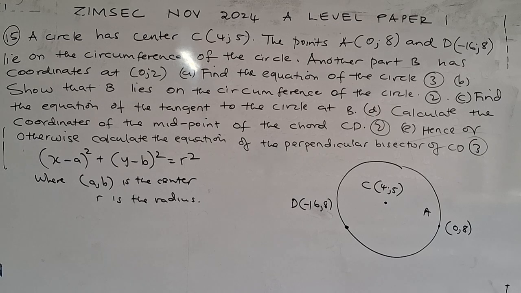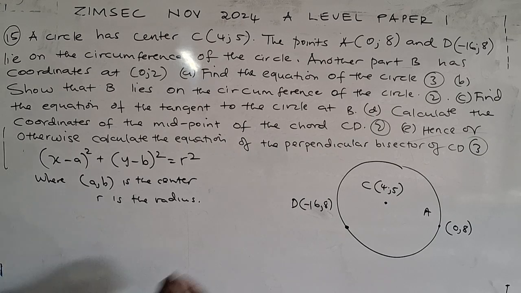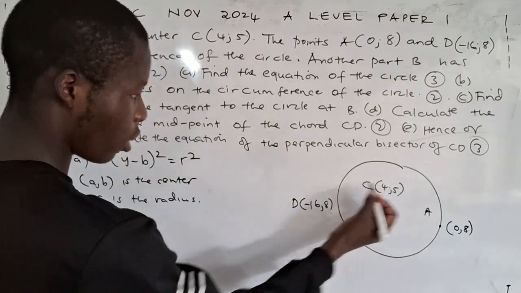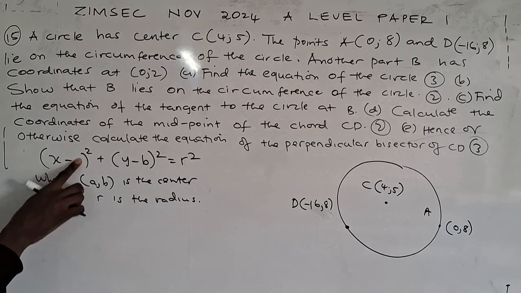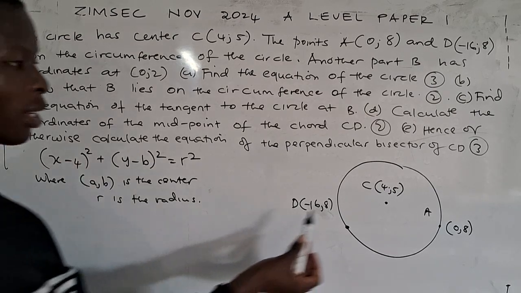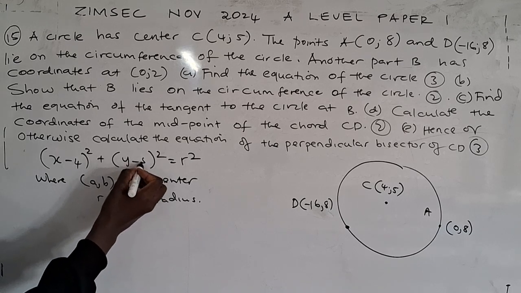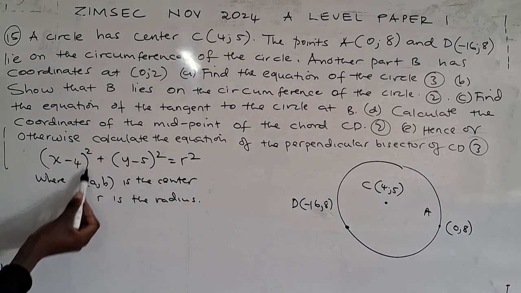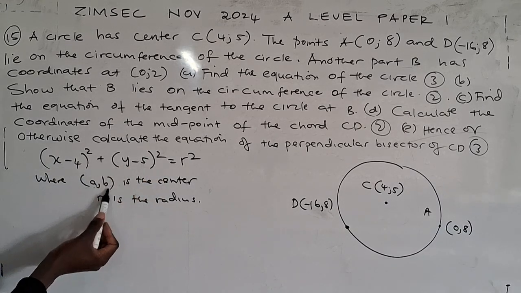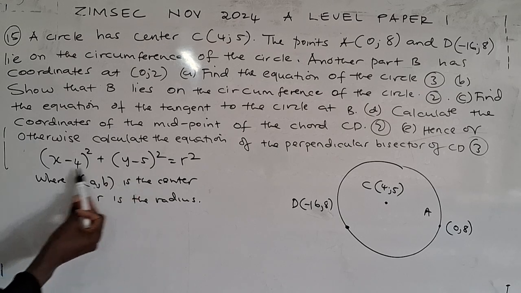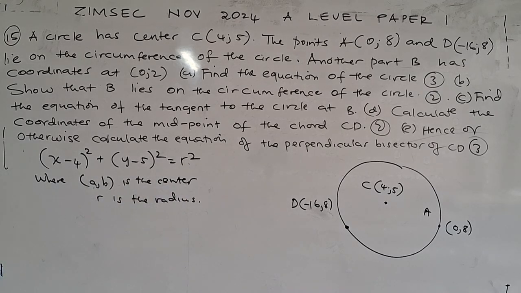The center is already given. If this is positive, it means this is negative, so this is 4. And this is positive again, so this is 5. So this is x minus 4, which means a is 4, and this one is b. So we are supposed to find the radius only. Then you can write the equation of the circle.